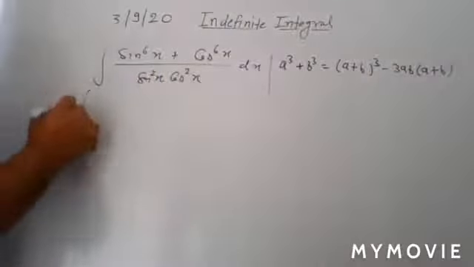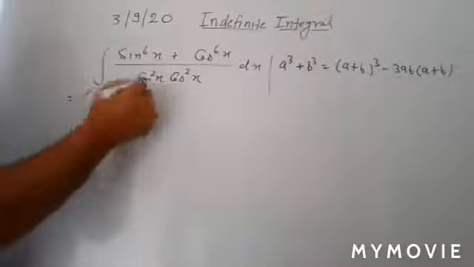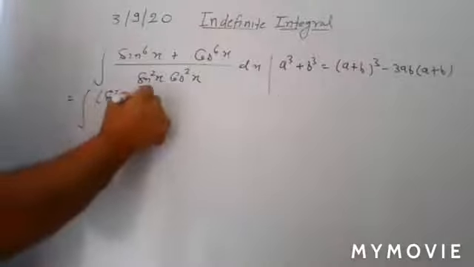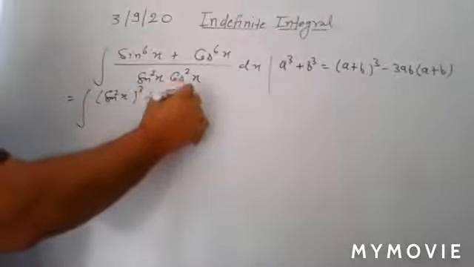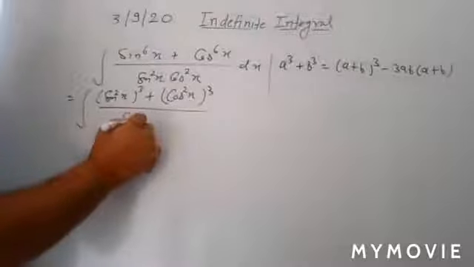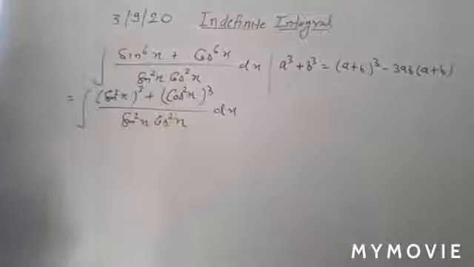So sine to the power 6x can be written as sine square x whole cube plus cos square x whole cube, and whole divided by sine square x into cos square x dx. You write it in this way.